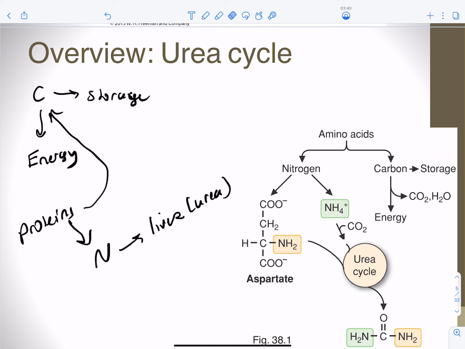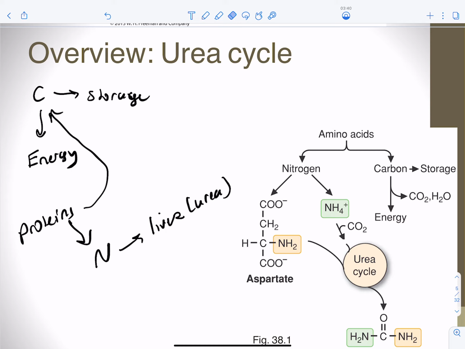Now, in your fasting state, this is when you're going to have to mobilize carbons in order to use as fuel, because you don't have it coming in through digestion. So in your fasting state, you again have your liver and your muscle cells. Muscle cells will take proteins and break them into amino acids and generate energy. They will also release their nitrogens in either glutamine or alanine.